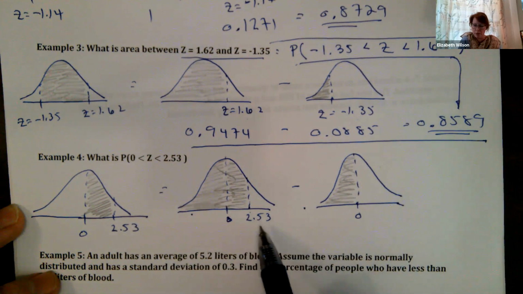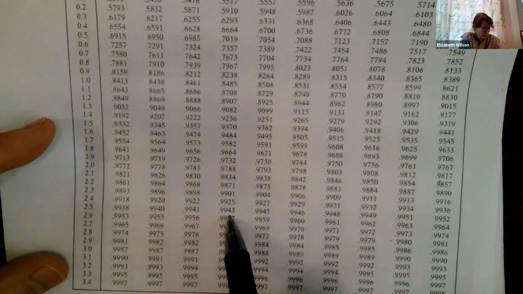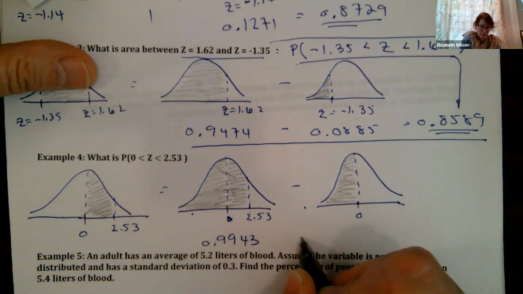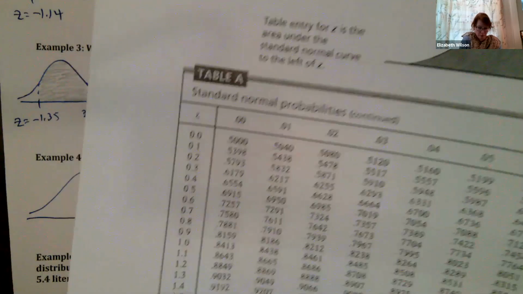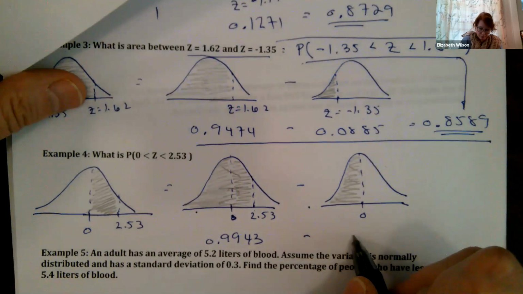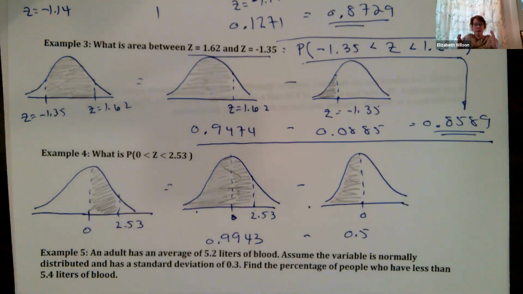So I still look up where z equals 2.53, right here, 0.9943, minus, and I look up where my z value 0 is equal to 0.5. Which makes sense, right? Because 0 is splitting my standard normal in half. The total area under the curve is equal to 1, so if I split it in half, I should get 0.5.